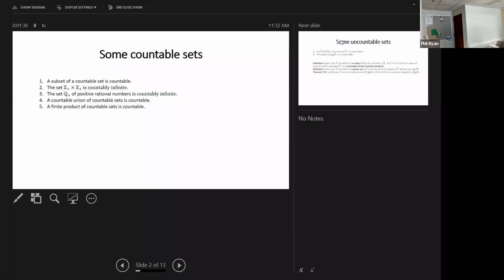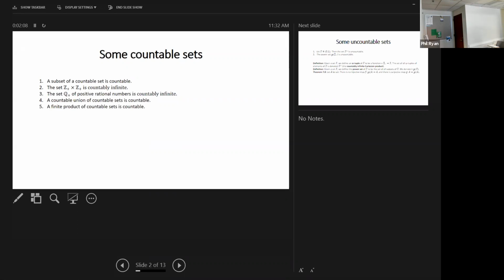This was the idea that if a set is countable, then we can get a surjective function from the positive integers onto that set, or we can get an injective function from the set into the integers. So remember, if you have a surjective function, that kind of implies that the domain is bigger than the range, because it's going onto the thing.